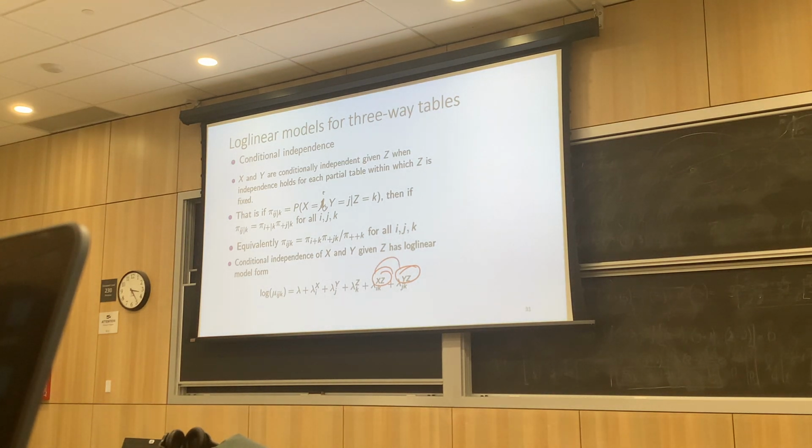X and Y conditionally independent given Z model. So Z repeats, and you write it like this: XZ, YZ. So if I talk about this model, the XZ, YZ model, you should know that means the X Y conditionally independent given Z model, which means this model.